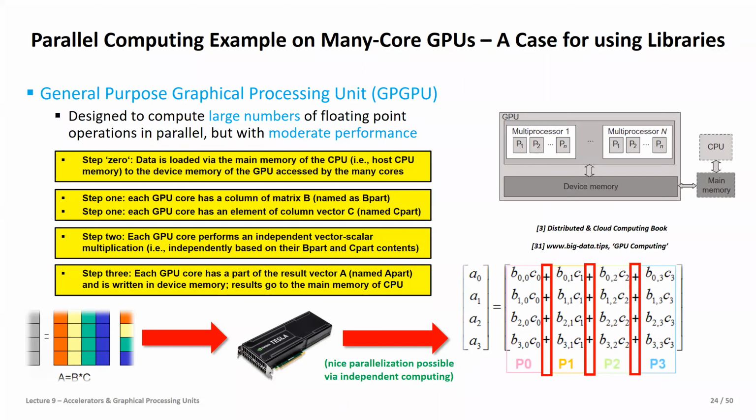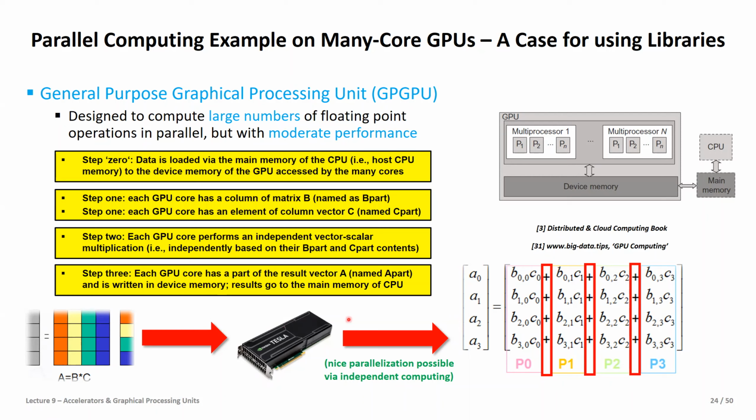Coming back to many-core GPUs, let's have a case study on when we want to use libraries and GPUs in parallel with some application. One of the smallest applications, I think, is clearly demonstrated by the matrix vector multiplication we have already had several times.